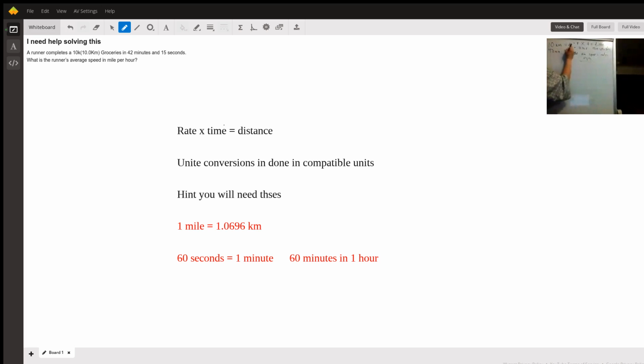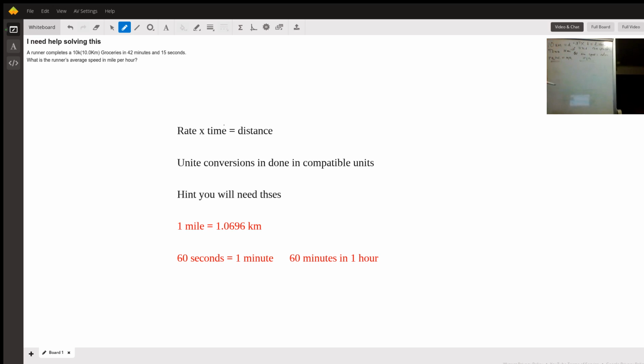That's going to be equal to our time. Now, we need to find that rate, and that rate is going to be in miles per hour. That's our unit. That's what we need to find.